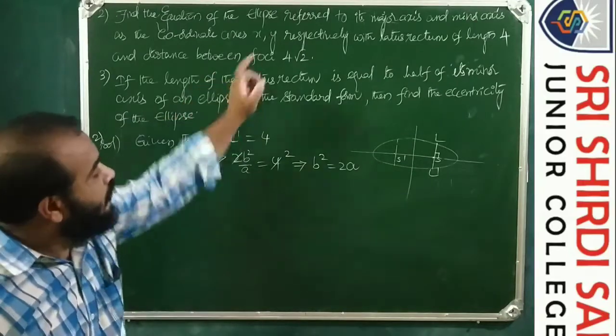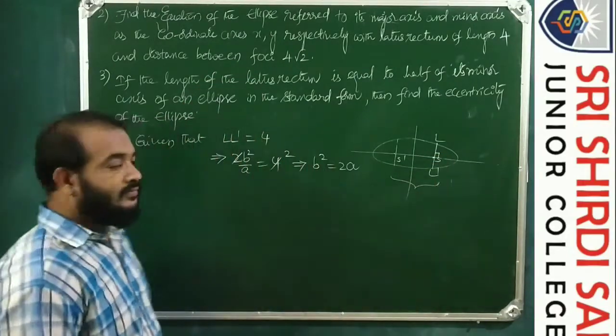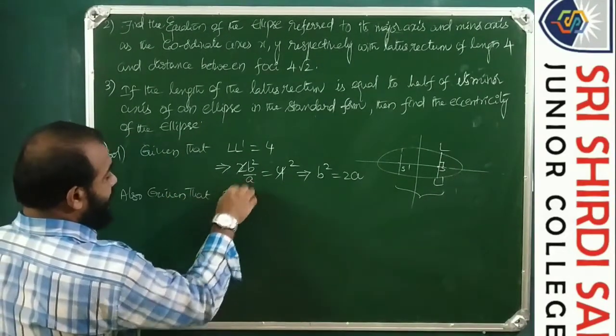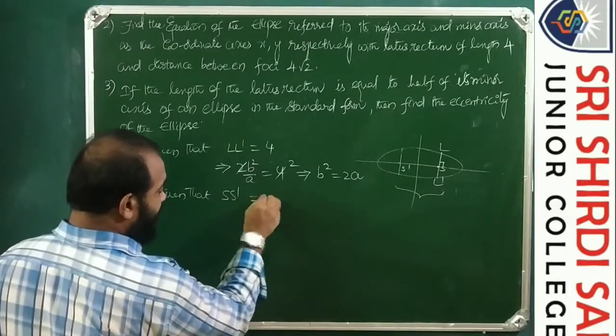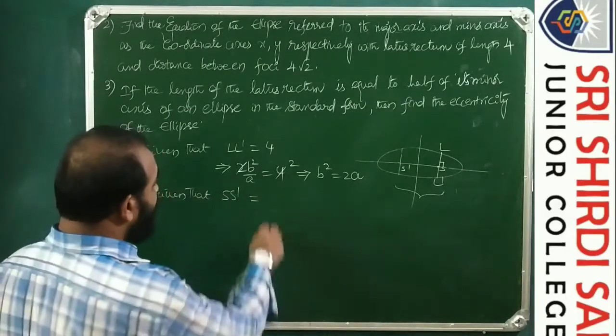And the distance between foci, so this distance SS dash, is also given. The distance between the foci is 2ae.